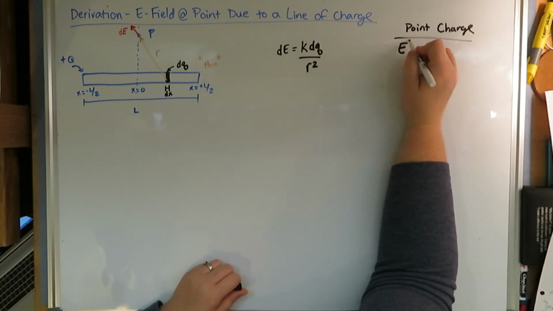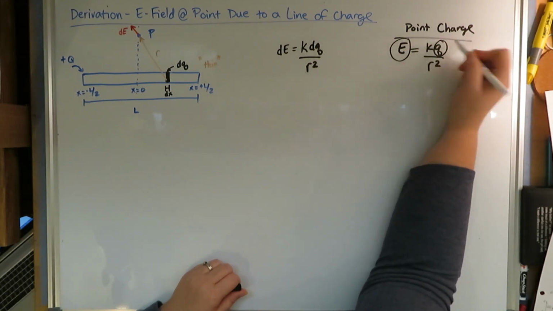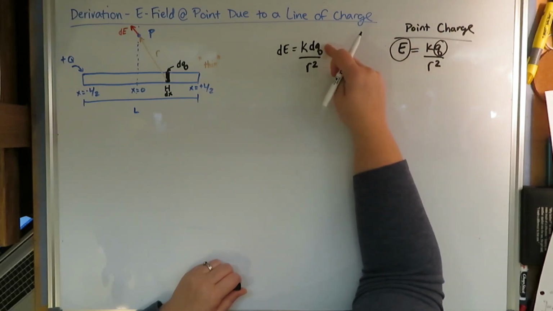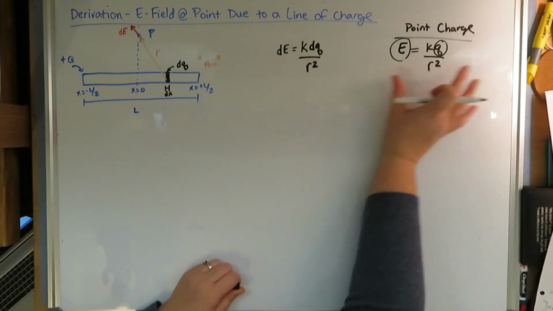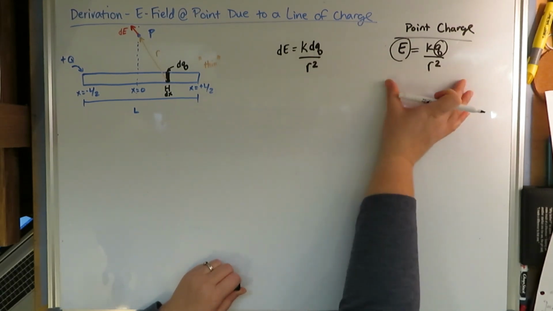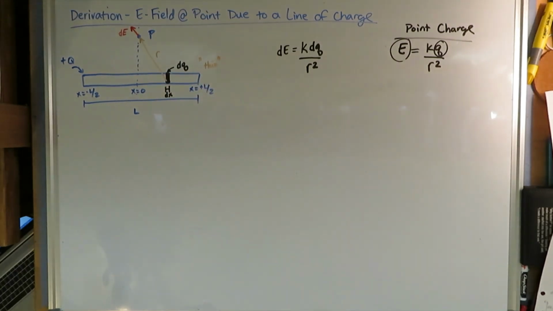And I'm essentially looking at the electric field due to charge Q. Well, Q has a charge of dQ, and the electric field is dE. So that's the substitution that I'm making. So that's where this equation comes from, because we're treating that as the point charge.